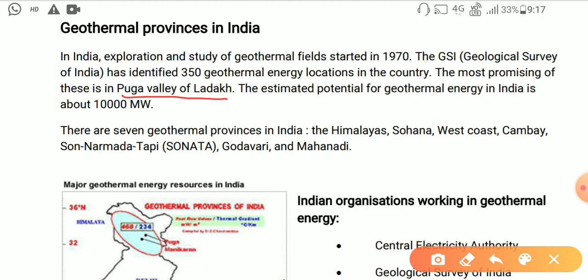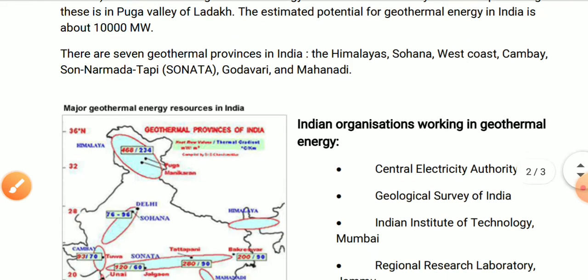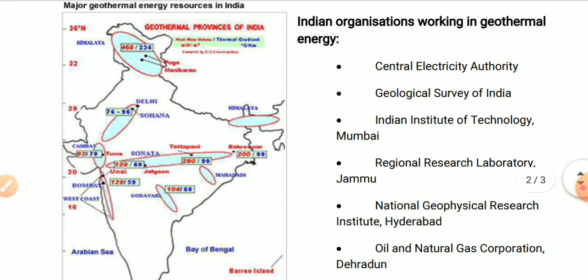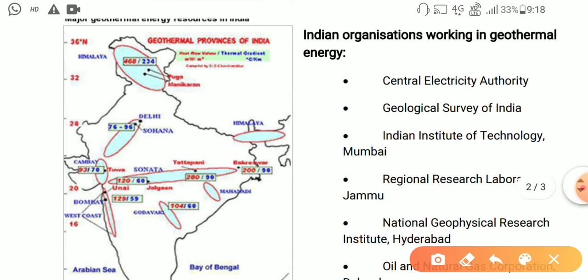Though there are a total of near about 350 geothermal energy locations in our country identified. These are the major geothermal energy resources in India. In the map it is shown to you. Here this section is denoted as the Himalayan.